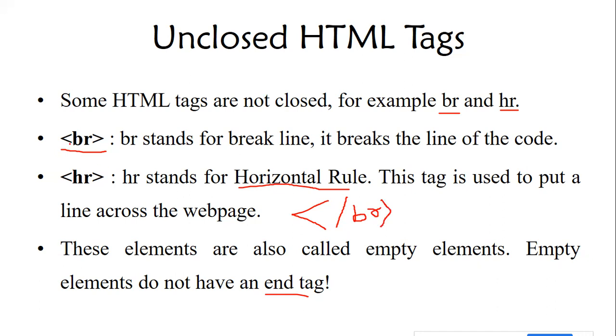This break tag element does not have a closing tag, that's why it is called an empty element. It may contain an attribute, but it does not contain any content. This break tag allows the text to break onto the next line or continue to the end of the window.